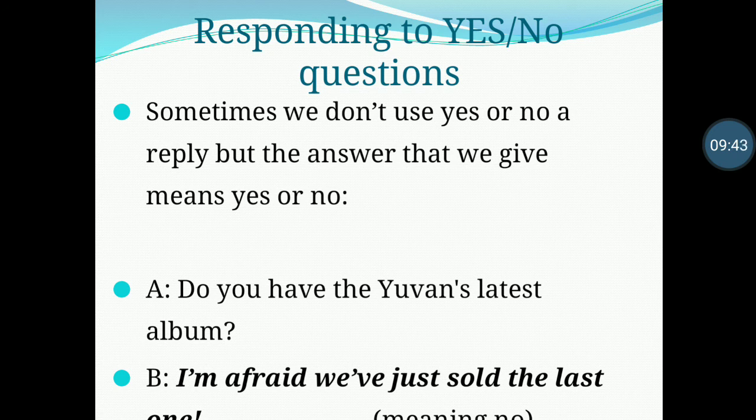I'm afraid we have just sold the last one. It means the answer is no. We don't have Yuvan's latest album. So like this also we can respond. Without using yes or no, we can give some response, and that response may mean yes or no.